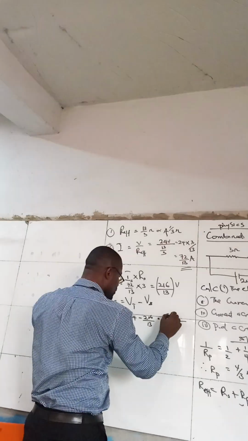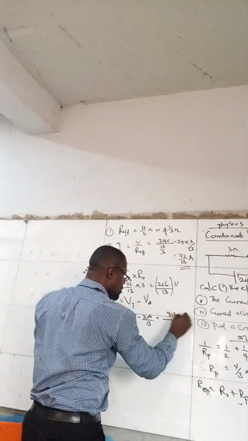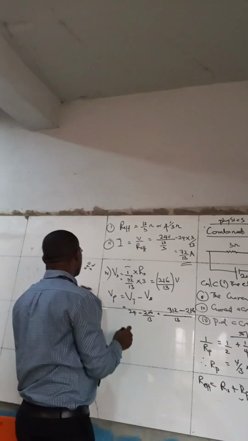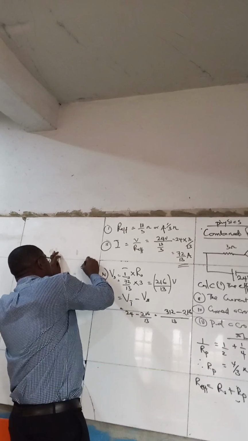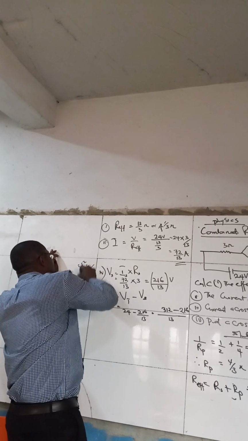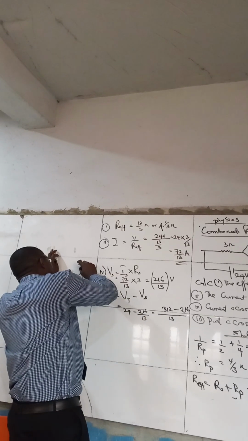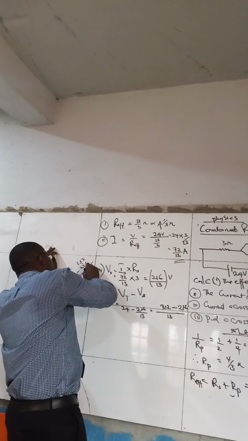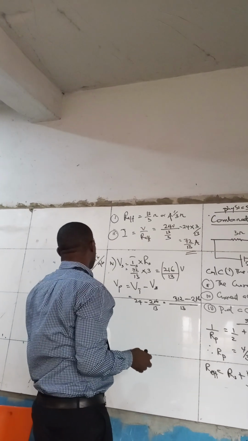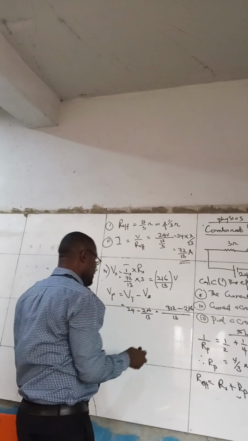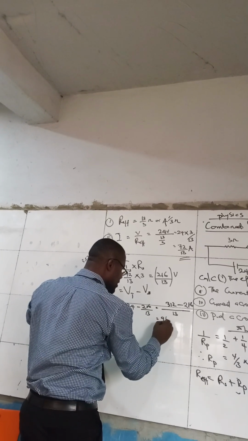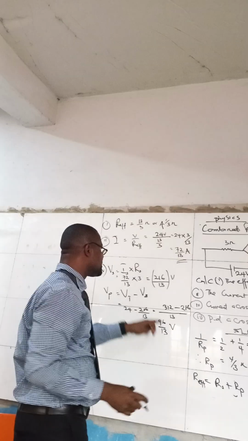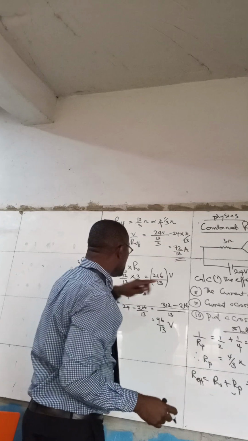So I'm having 312 minus 216. When you subtract, you have 96/13 volts. So what it means is that the voltage in the parallel is 96/13 volts, and the voltage in the series is 216/13 volts.